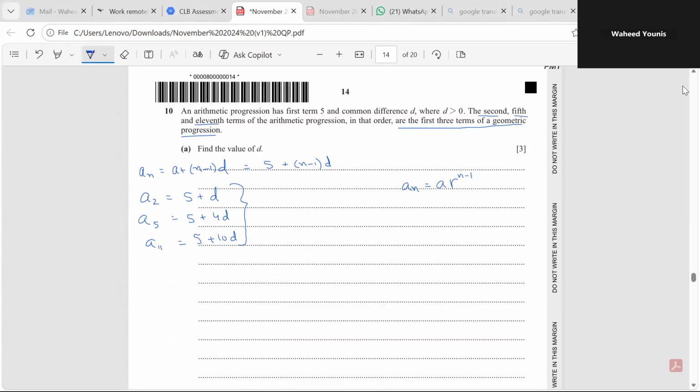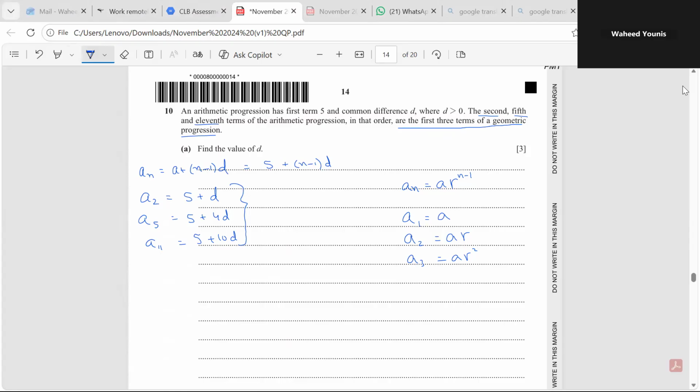So for the geometric progression, the first term is a, the second term is a r, and the third term would be a r squared.